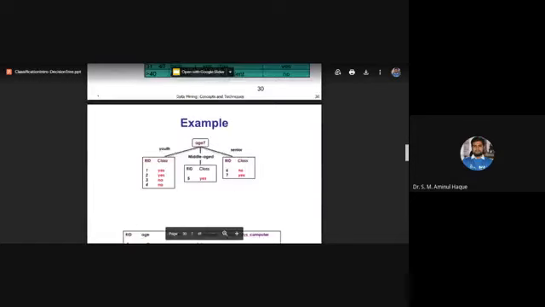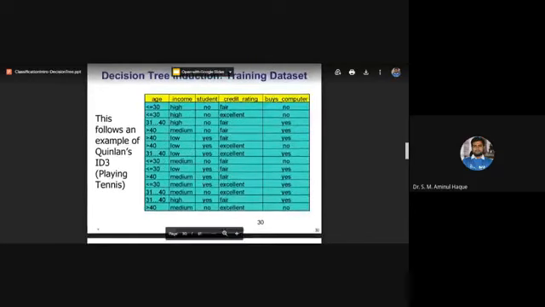Which is the data set? Youth. Who are the youth? For example, less than 30. So how many data points are there? Less than 30, if we consider them youth, 1, 2, 3, 4, 5 data points are there for youth.